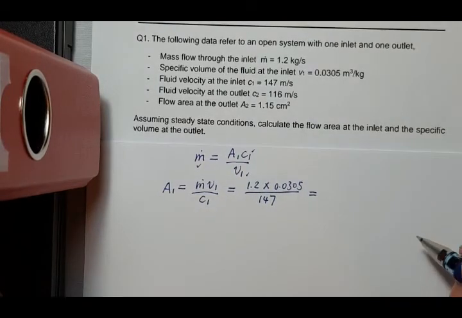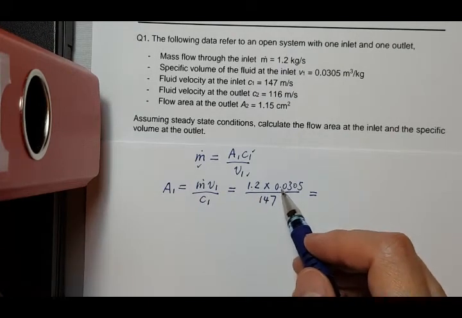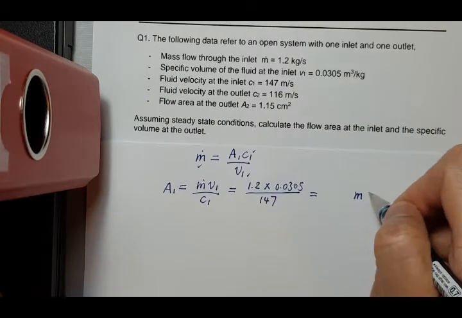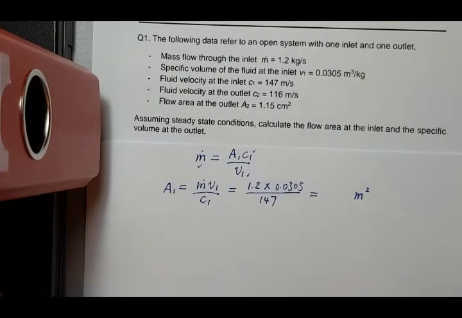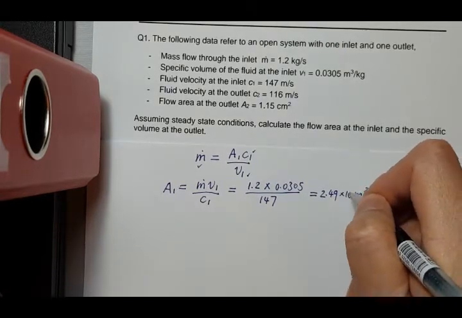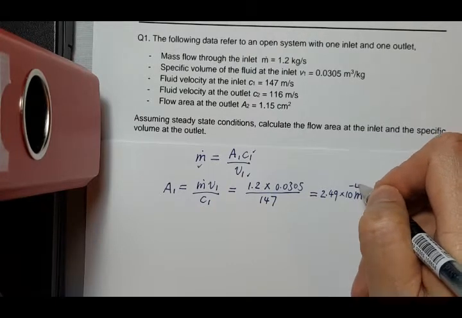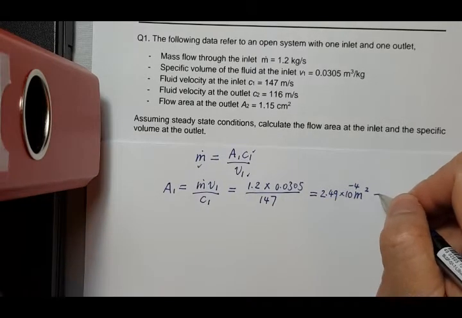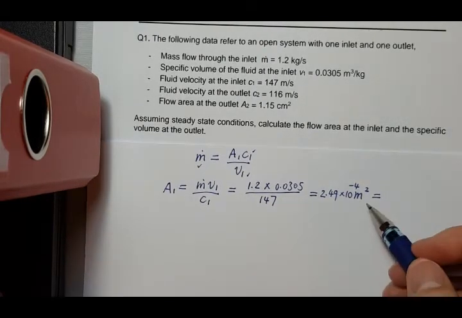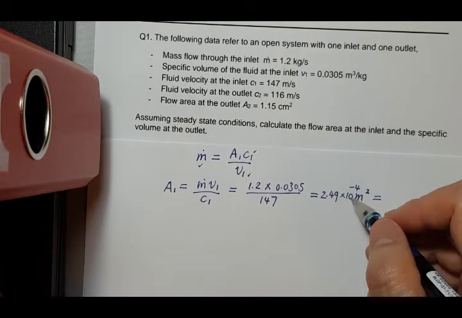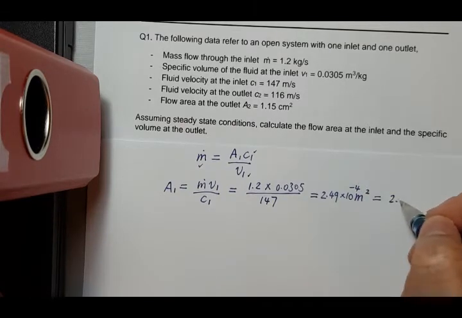If we calculate that, because we're using SI base unit for each term, this will give us the SI unit for the area, which is meter squared as well. If you like, you can convert this to centimeter squared by multiplying by 10 to the order of 4, so that's 2.49 centimeter squared.